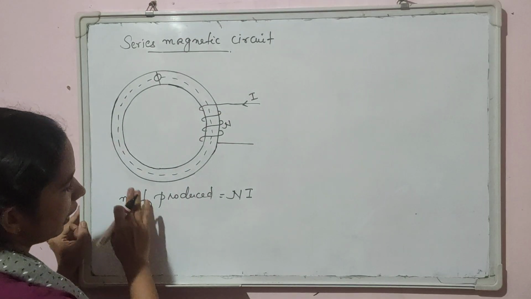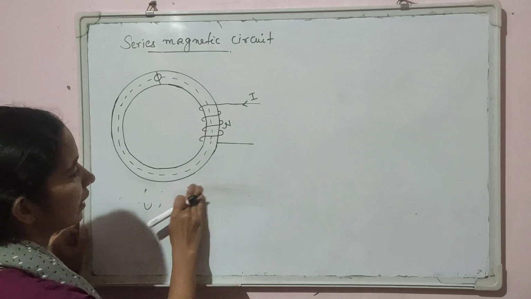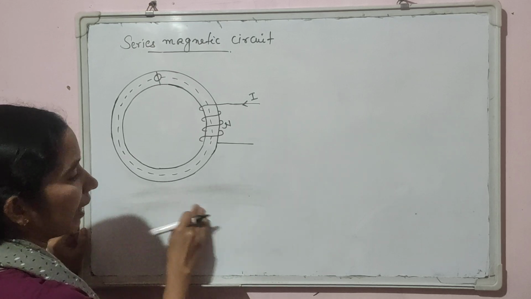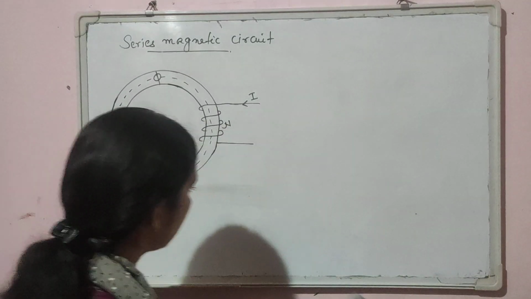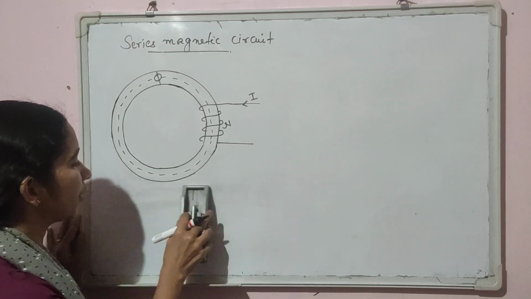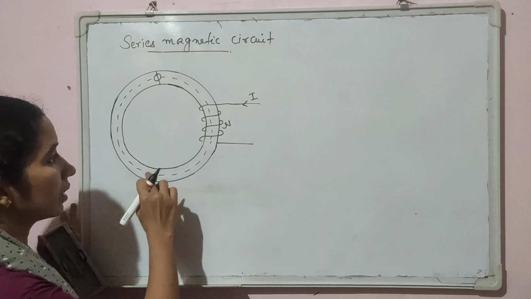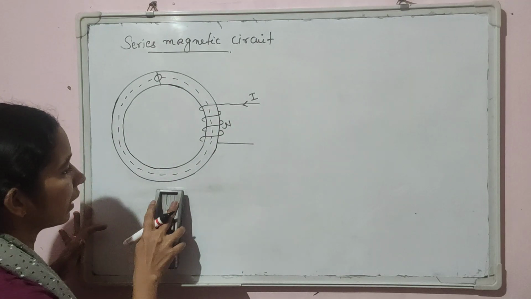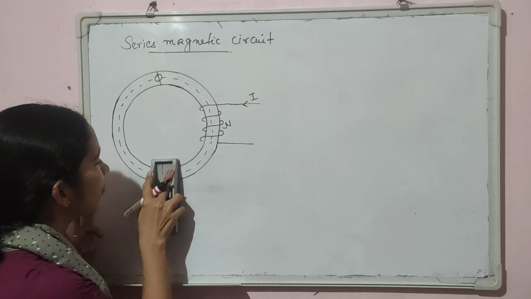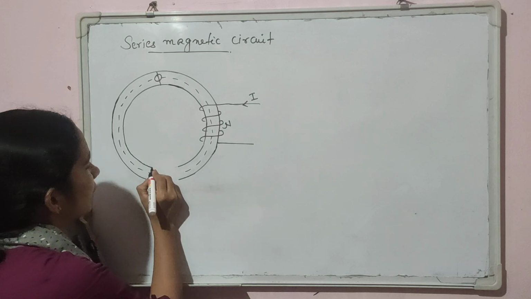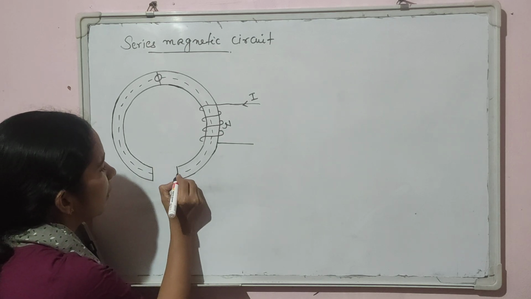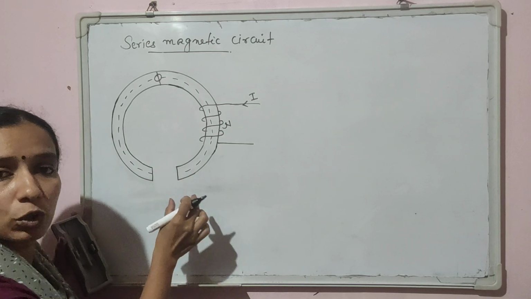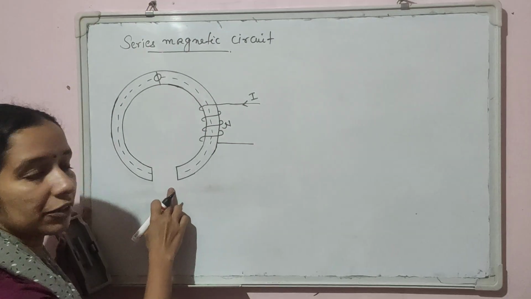Now let us assume that an air gap is introduced in this iron ring. This is actually a continuous ring, and assume that we introduce an air gap like this. A particular portion is cut out from the iron ring.